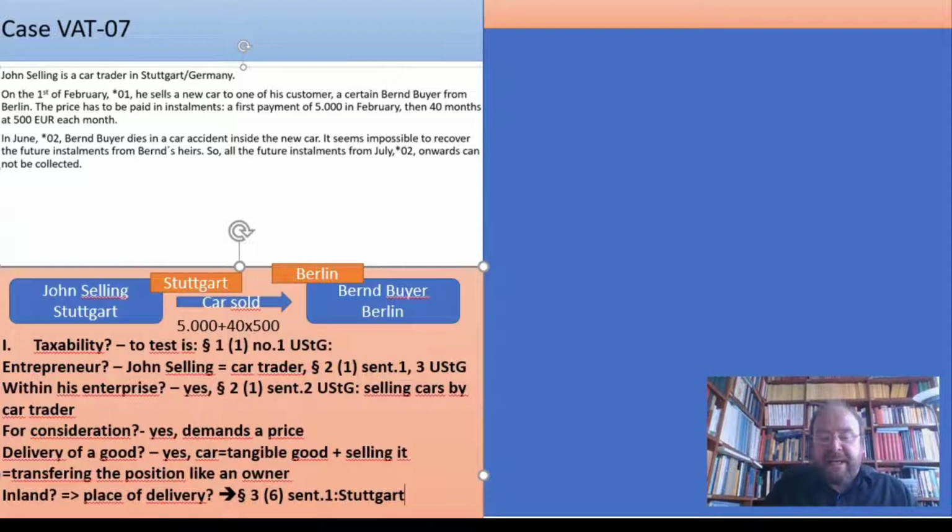So that is a taxable transaction in Germany. We have now, as the next point, the question if there is a tax exemption. Paragraph 4 says no, so it's liable to tax.